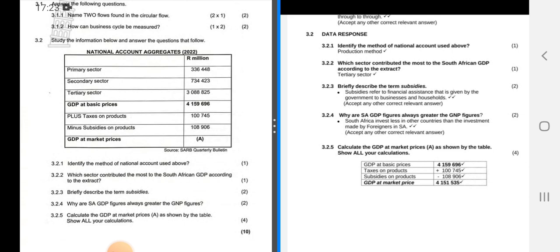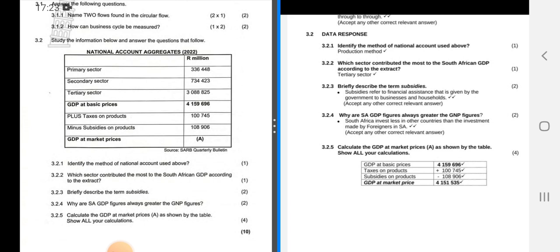Okay? So calculate the GDP, which is gross domestic product, at market price A as shown in the table. So to calculate GDP at market price, we take the GDP at basic price plus what has been given to you.